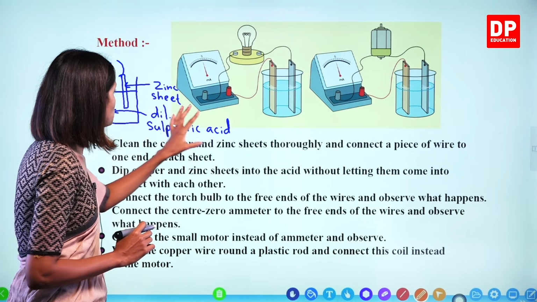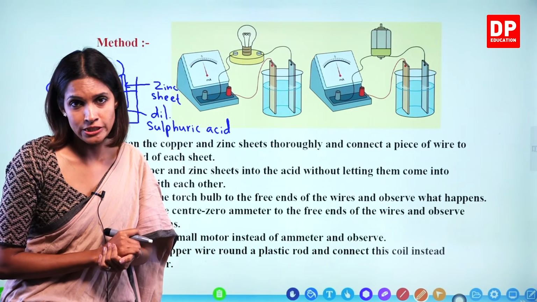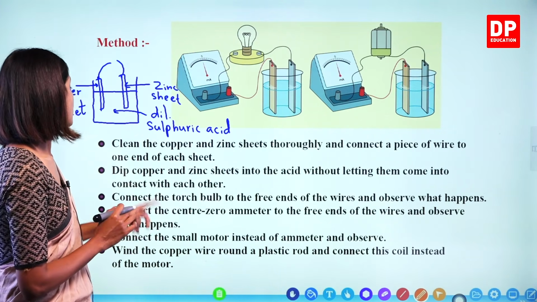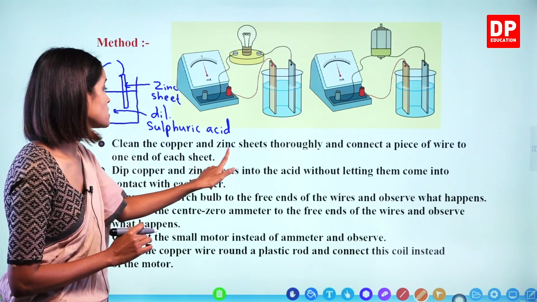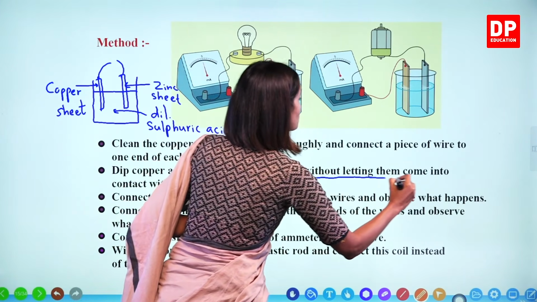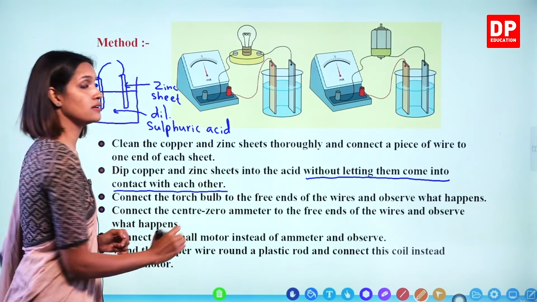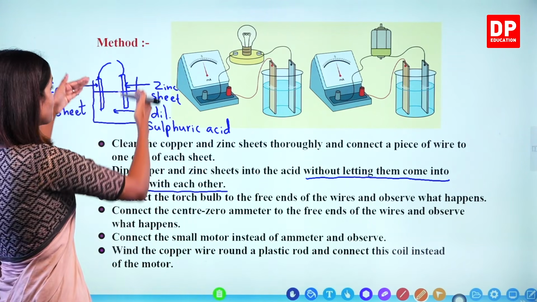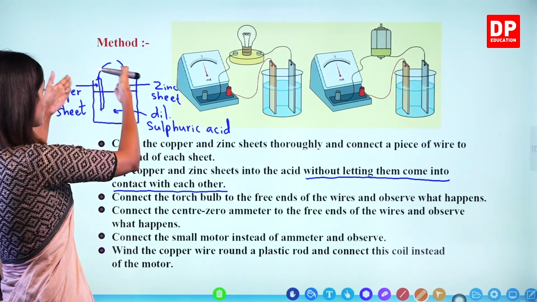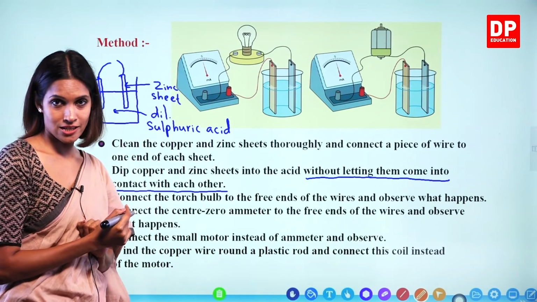You can clean these two sheets with a piece of sandpaper. Understand? And dip the copper and zinc sheets into the acid without letting them come into contact with each other. Right? When you immerse these two sheets, they should not touch each other in the acid.